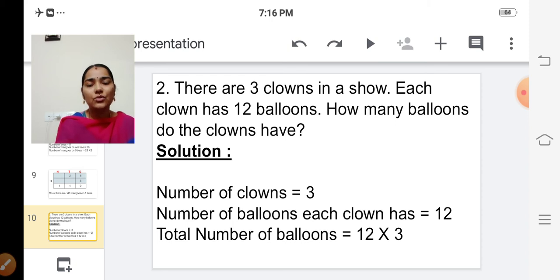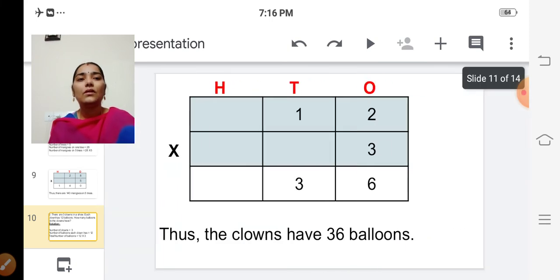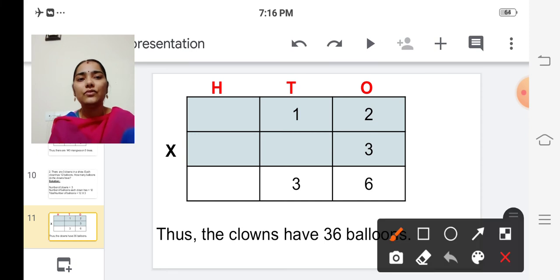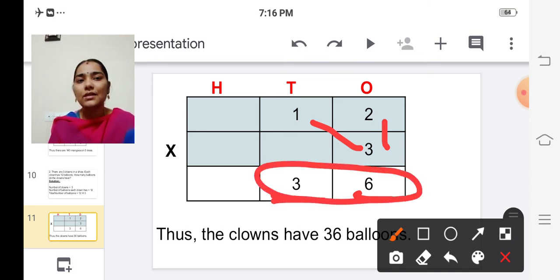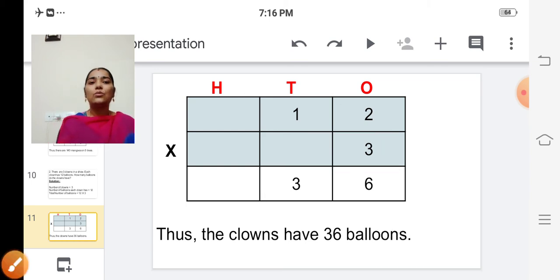So start multiplying from the right side. 3 2s are 6. And then 1 into 3, 1 3s are 3. So totally how many balloons are there? 36 balloons. Thus all the 3 clowns have 36 balloons.